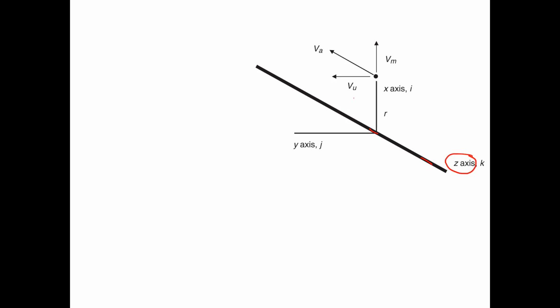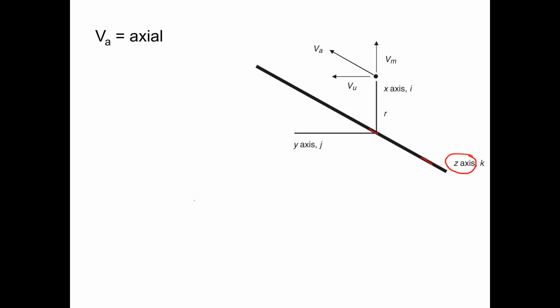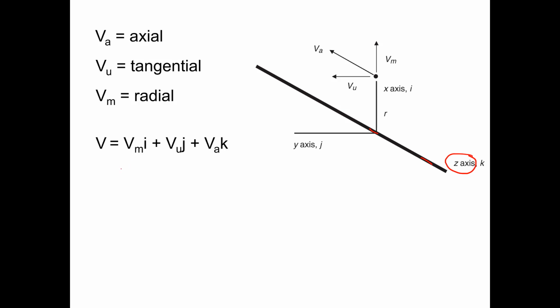And if we were to take these absolute velocities and split them up into the three directions, you would get the axial component of the absolute velocity, the tangential, which is tangent to the rotating axes of the turbomachine, and then the radial direction. So then the absolute velocity itself would be split up into those three components.